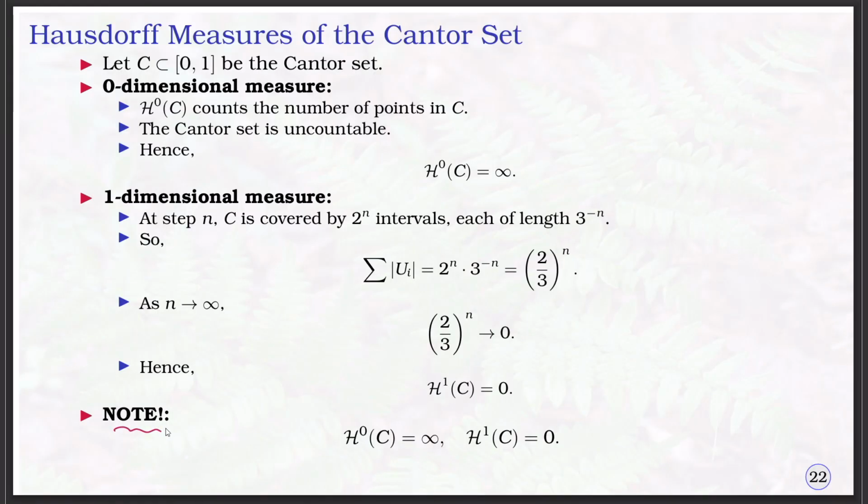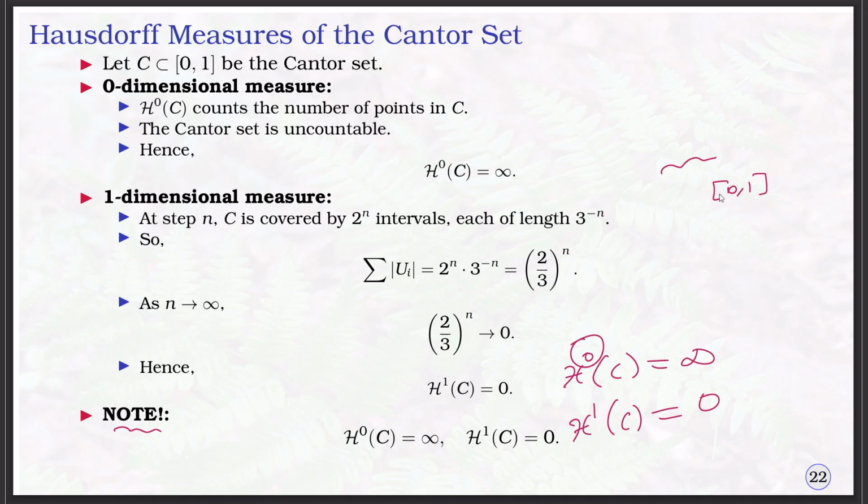Whenever the s value is less than this critical value, we are getting infinity. So here in the Cantor set also we can observe that H0 of the Cantor set is infinity, and H1 of C gives the value 0. Now you can observe that in classical Euclidean geometry, we take a line segment, maybe this interval.